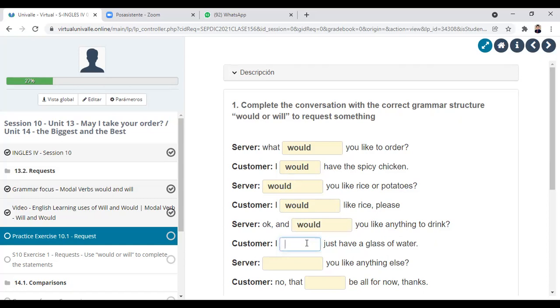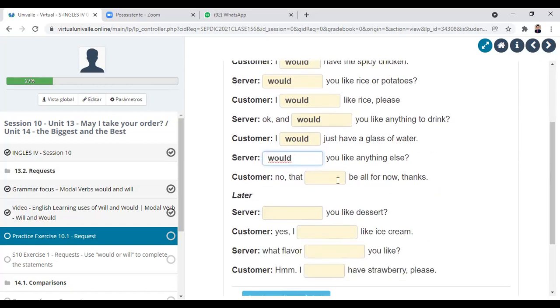Yes, I will just have... That would be all for now, thanks. Would you like dessert? Yes, I would like ice cream. What flavor would you like? I will have a strawberry, please.